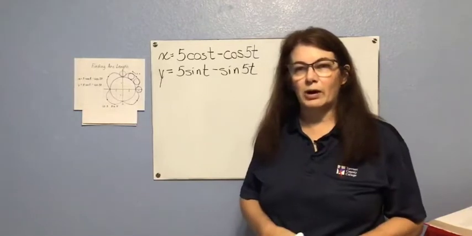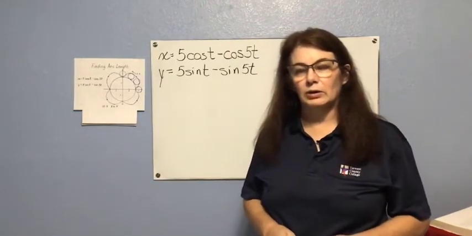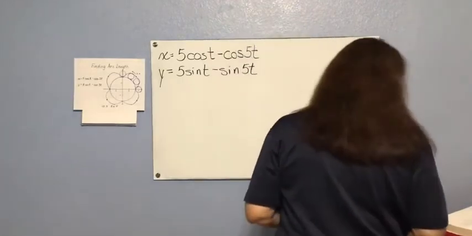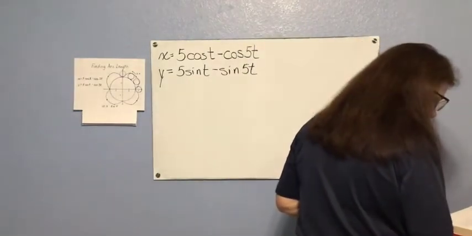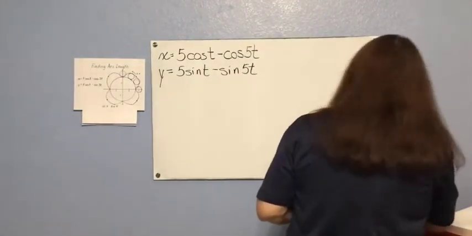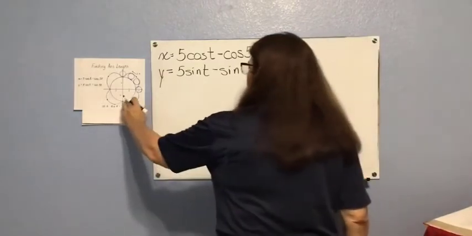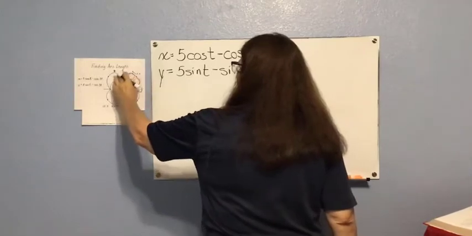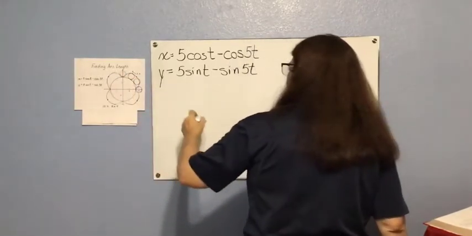And so, of course, my arc length will be too large. But let's take a look at this. I'm actually going to find just one of these pieces and multiply it by 4 because they're all the same.